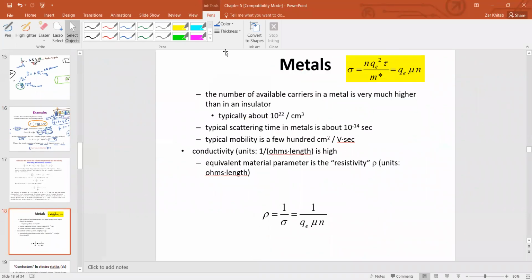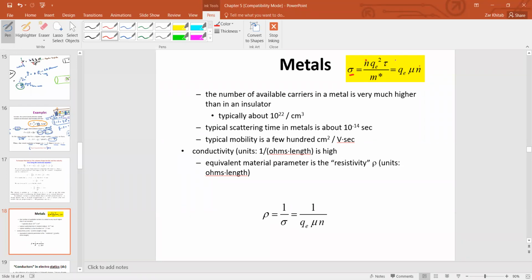Coming back to our equation, which is about the conductivity. The conductivity is n q e squared tau divided by effective mass, where n is the number of electrons.